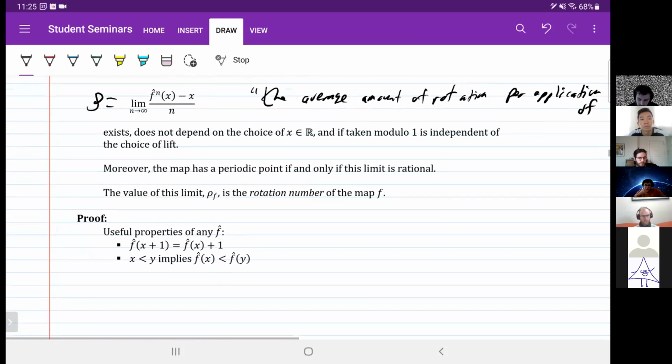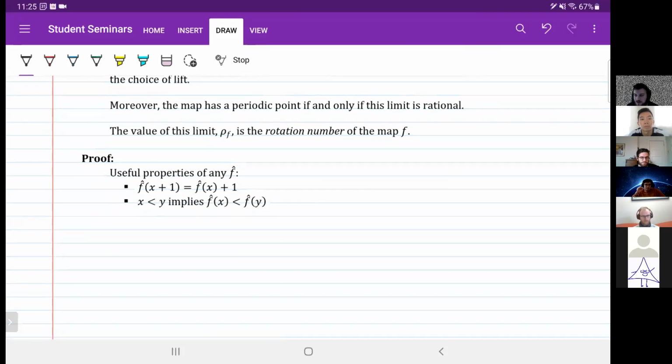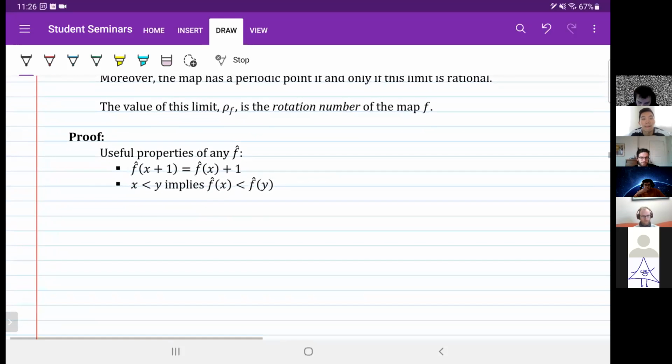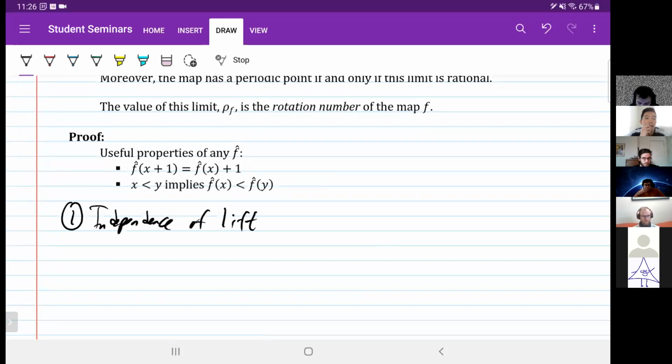So let's prove this, because I've got to prove something, otherwise it's not a math talk. So first and foremost, let's talk about the independence of lift. Okay, so there's two properties I've written here which are of use to us. So for independence of lift, this property is our important one.